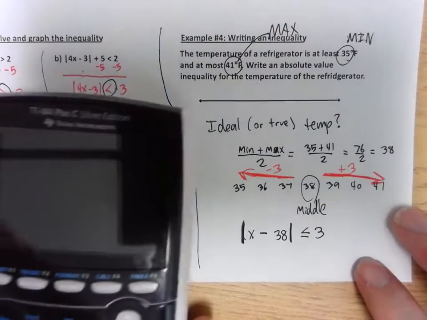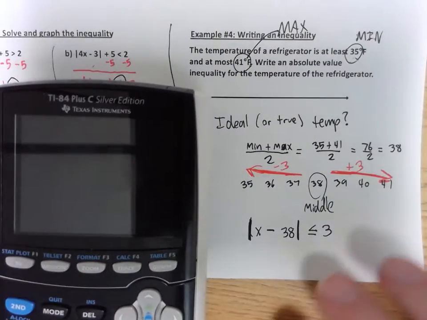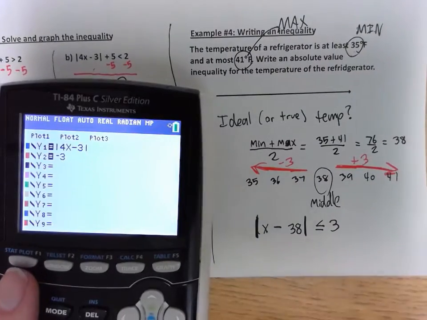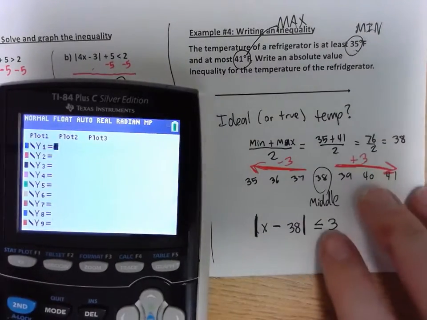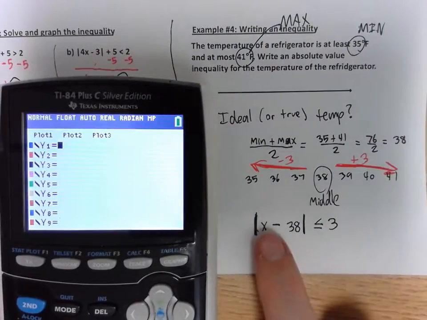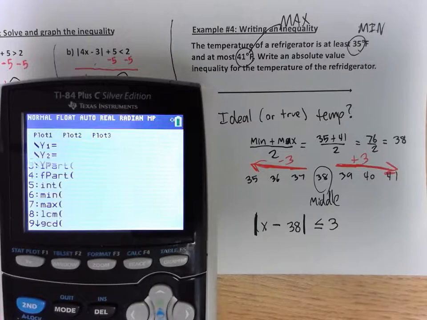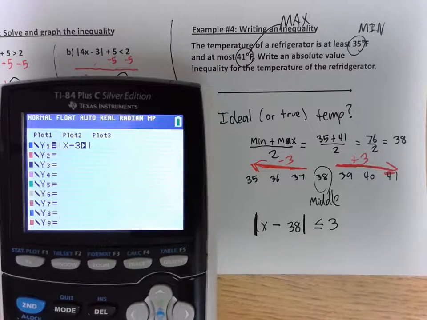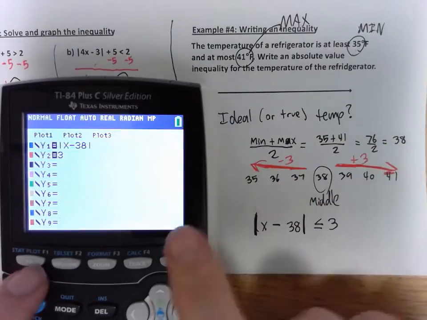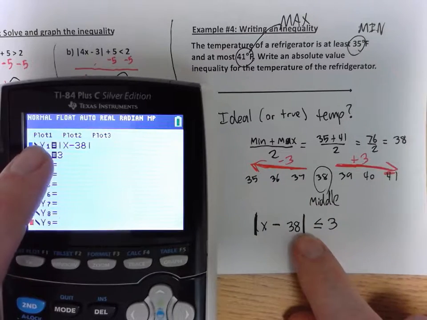What that looks like in the graph, I'm not going to have you draw the graph on paper, but let's take a look at what's going on, okay? Actually, let's not even worry about the graph. Let's look at the table. So the absolute value of x minus 38 and 3.